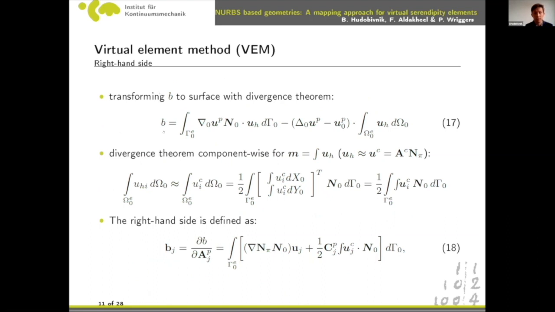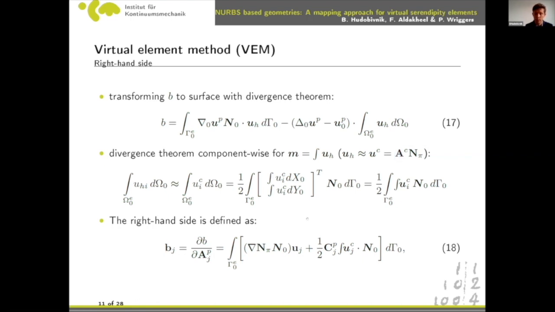So for the right-hand side, we shifted to the integral over the edge, and we are left with the integral of the UH multiplied. But as you know, the UH is not known on the volume. So we have two options. We can introduce internal degrees of freedom, internal moments, M, or we can use the serendipity concept and replace the integral of UH with the integral of UC, and UC can also be a projection function with a third set of coefficients AC here.